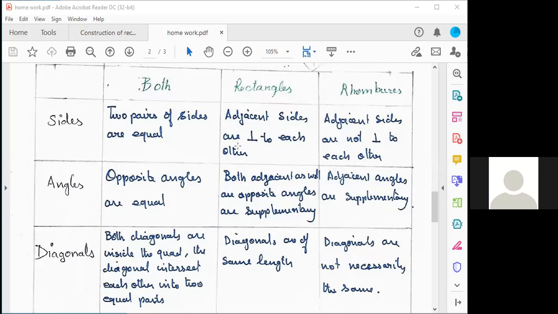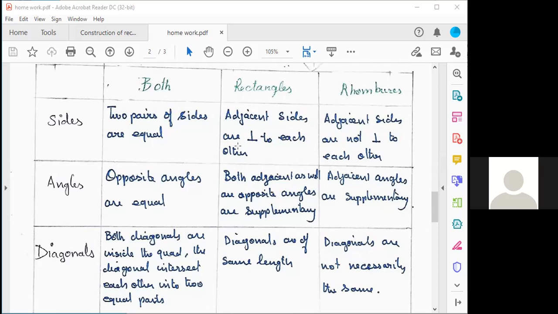Again, I think when you are writing both, at least should be mentioned. Adjacent sides perpendicular is a comment about angles, so that should come down to the next one. When you're talking about sides, you should bring out the differences maybe. All four are equal. Here, opposite pairs are equal. Opposite angles are equal is great.